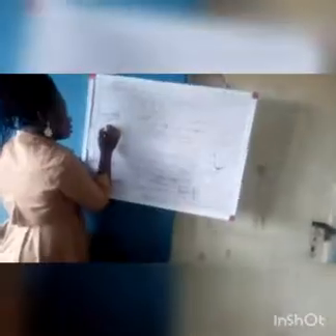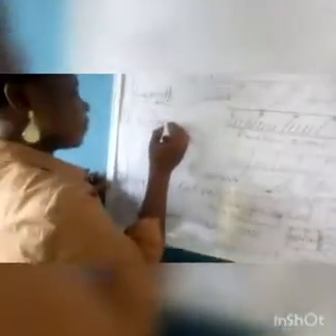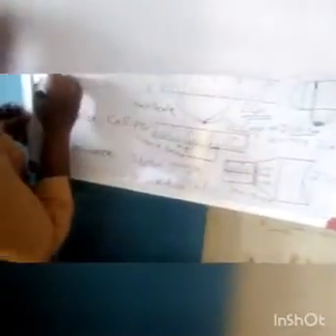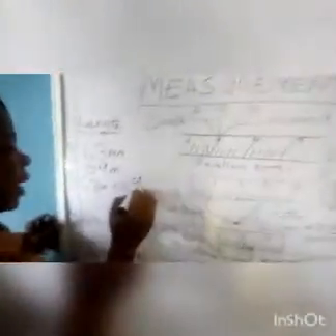So you get your answer: you add the two answers. So the main scale from what we saw there is 63 millimeter. Then the vernier scale is 0.9 millimeter. So the total is 63 millimeter plus 0.9.